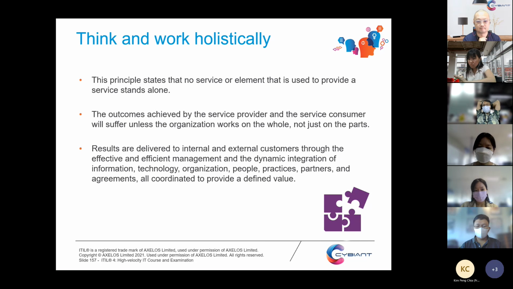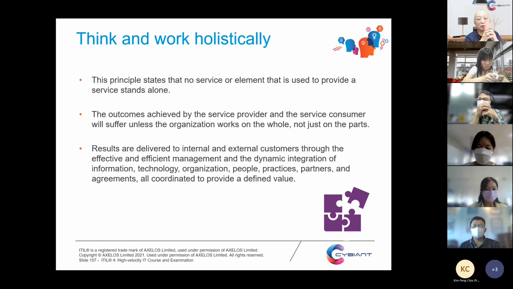Think and work holistically. This one, I like to say that you need to think 3 steps ahead, because how you fix this would have impact on other systems down the road. So you need to look at it holistically: if my process requires me to do this and I'm fixing this, what's the impact to the process downstream?